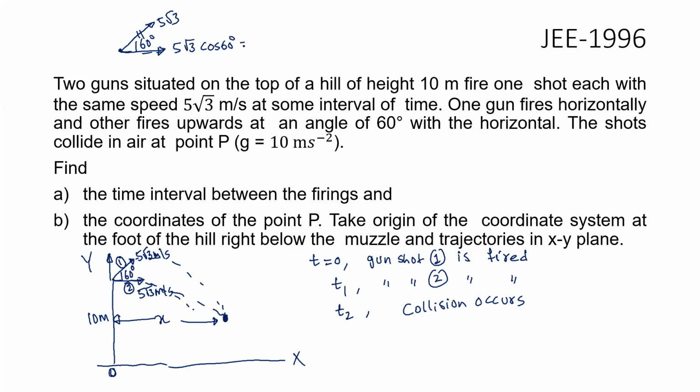Cos 60 is half, so we will get 5 root 3 by 2 meter per second. Now, what is the vertical component? Vertical component is 5 root 3 sine 60 degrees. Sine 60 is root 3 by 2, so which is 15 by 2 meter per second.